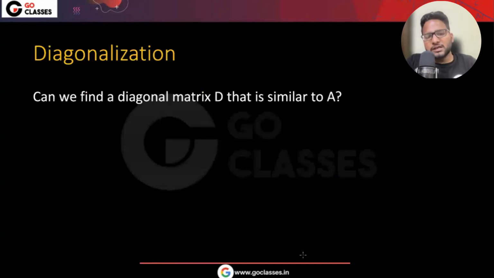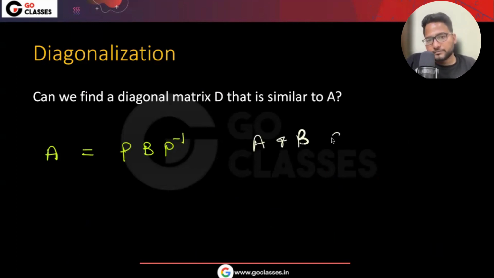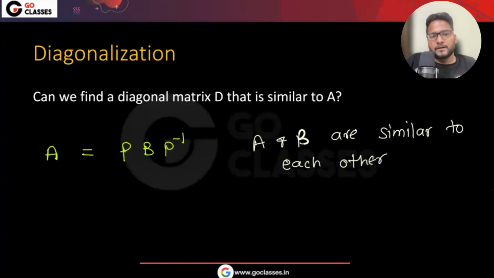Now let's see a very interesting topic, which asks: can we find a diagonal matrix D that is similar to A? You know that A and B are similar if some kind of relationship exists between them. Now they are more interested in something else.